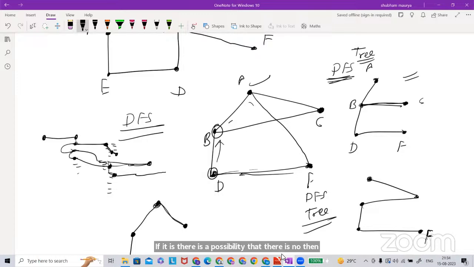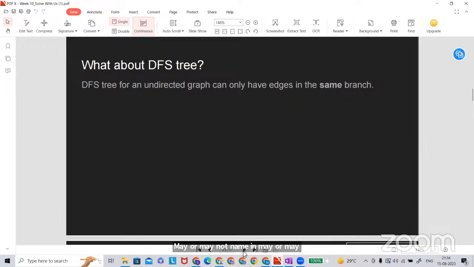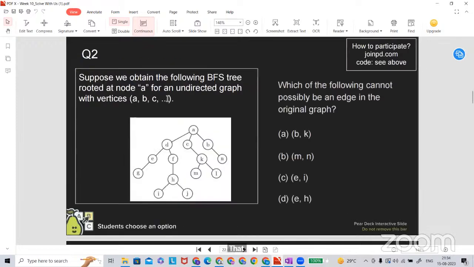If it says must be, that means it is certain that there is an edge. May means may or may not. So let's solve this problem. It will be more clear once we do this one. Okay, suppose we obtain.